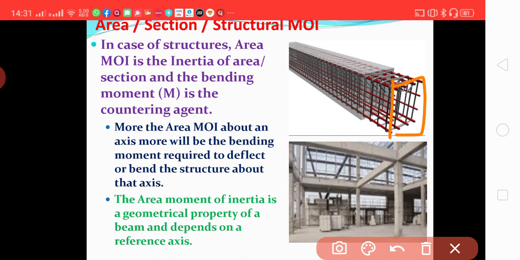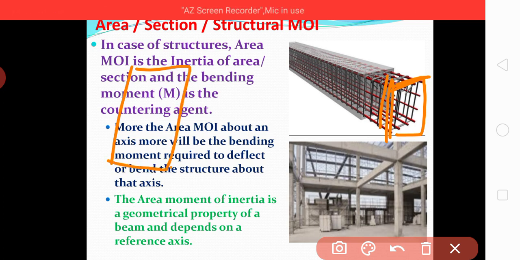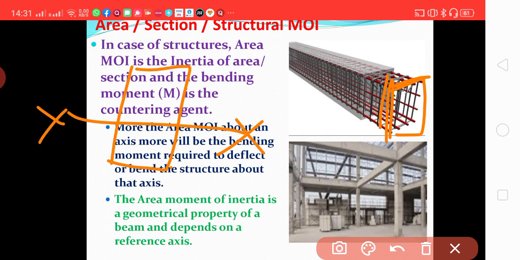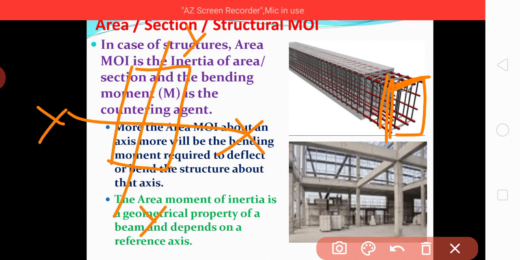Its depth is more than its cross sectional dimension, because, just for your information, for a rectangular section, this is the centroid axis xx, this is yy.